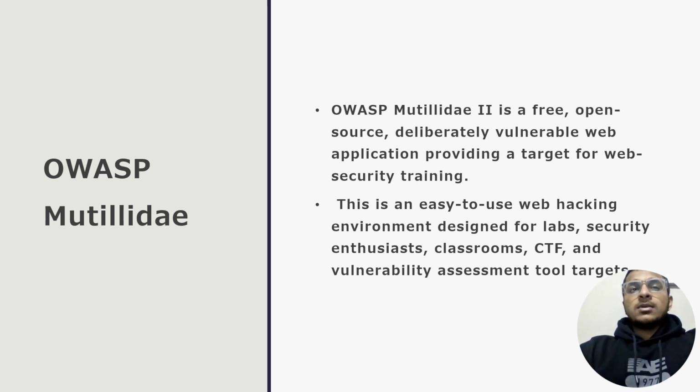Mutillidae is used for a lot of vulnerabilities which are usually found in mainstream attacks. It supports a lot of injection attacks, like SQL injection, HTML injection, and a lot of scripting attacks, like the cross-site scripting we are explaining.